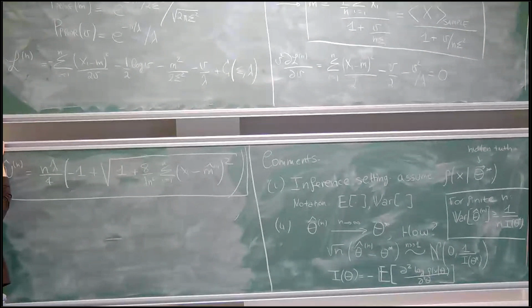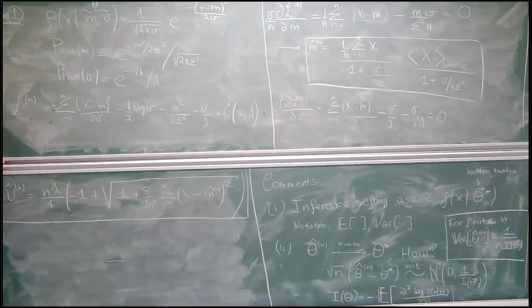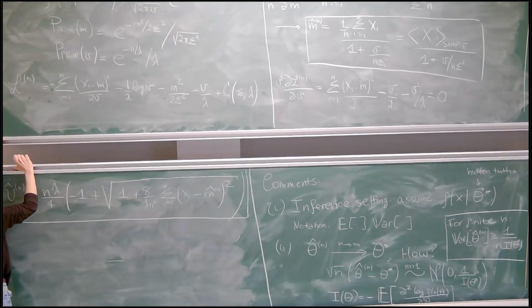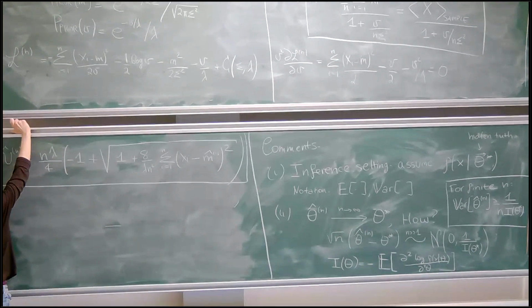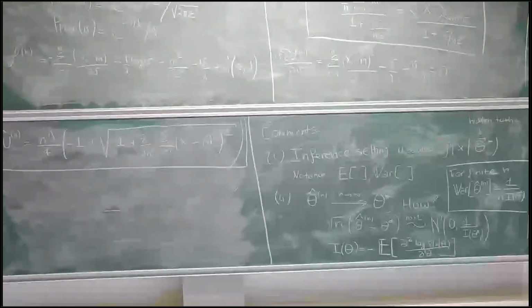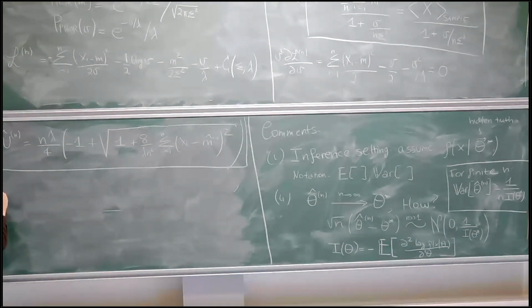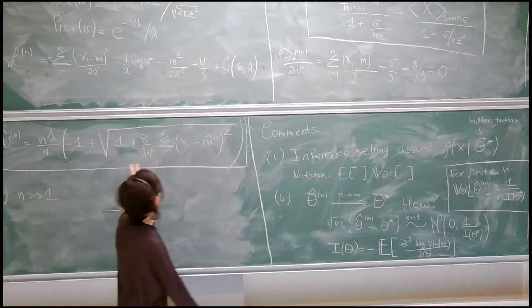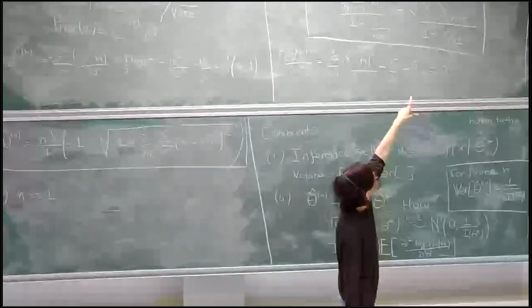And now let's go to the second point. So this was point 1. The second point is about what happens when we take the limit of the sample size, small n going to infinity. So we have to take the limits of these expressions. The first one is pretty easy.